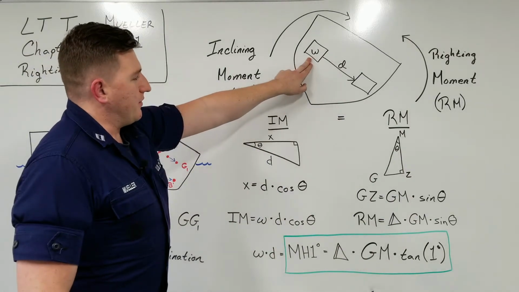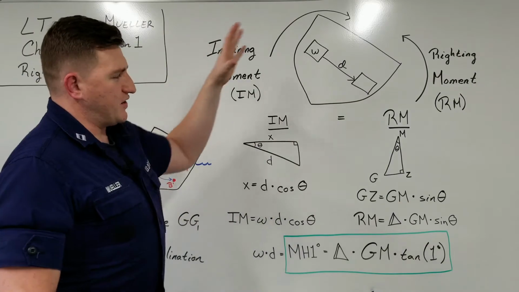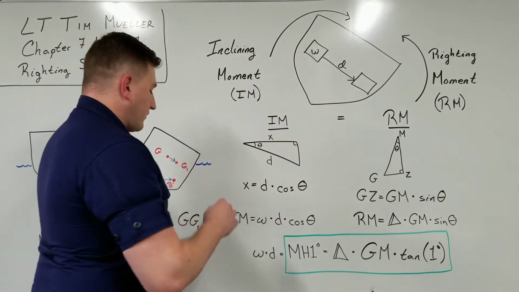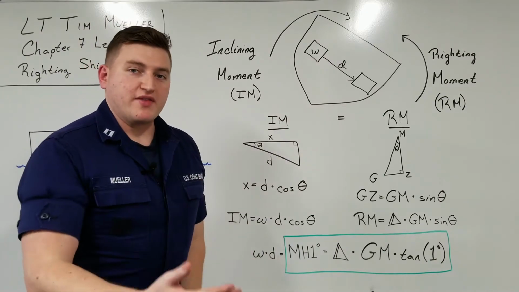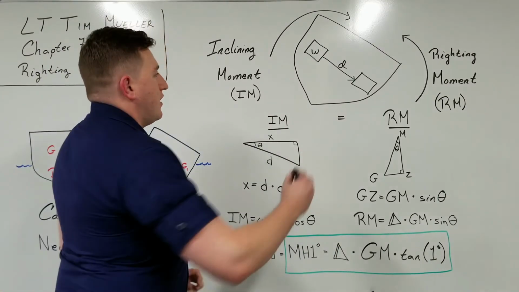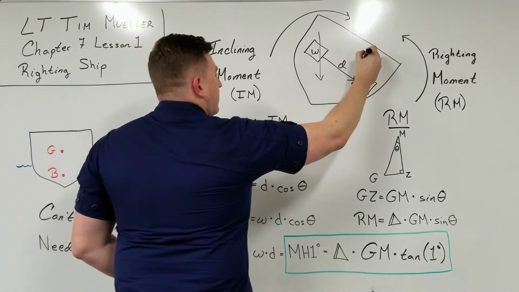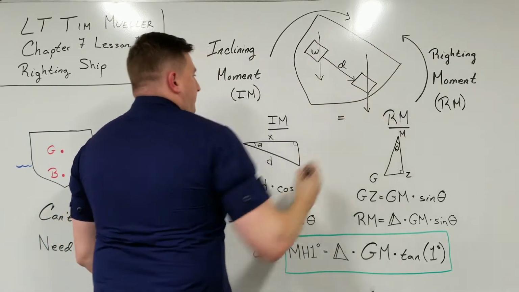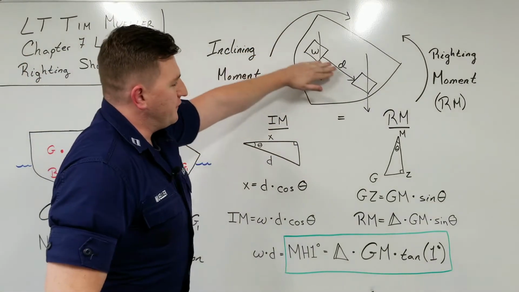So we know that we take W and we shift it horizontally this distance d. When the ship actually inclines, however, this d is not going to be the moment that's actually imparted onto the ship. We know that the force of gravity goes straight down. So the actual force of gravity doesn't move d.